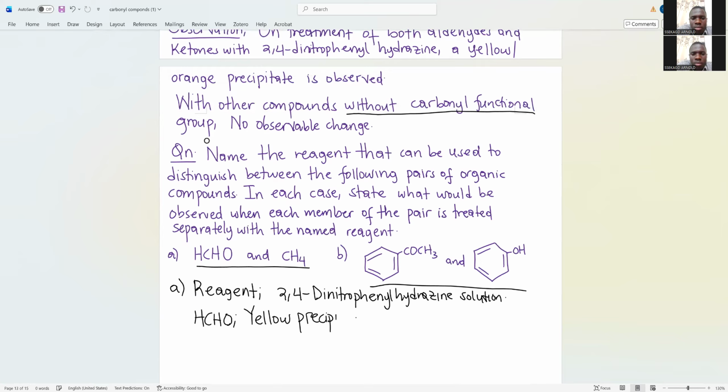Then for the hydrocarbon CH4, it lacks the carbonyl functional group, so no reaction.